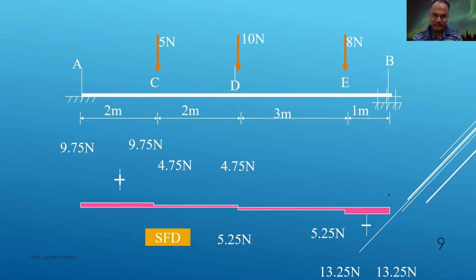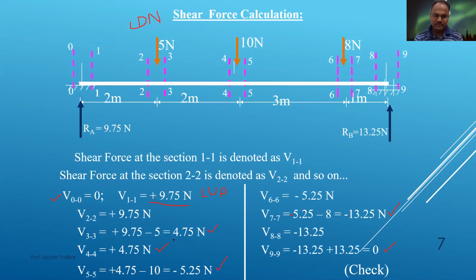Now we have to remember one thing. I would explain in your classroom that all the calculations of shear force and bending moment should be on the left side of your page and your diagram on the right side, or vice versa. You have to use 2 pages in case of your offline examination.